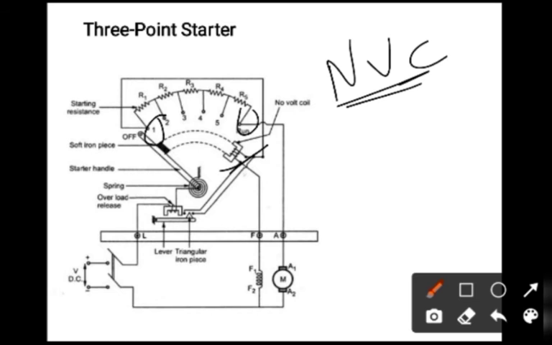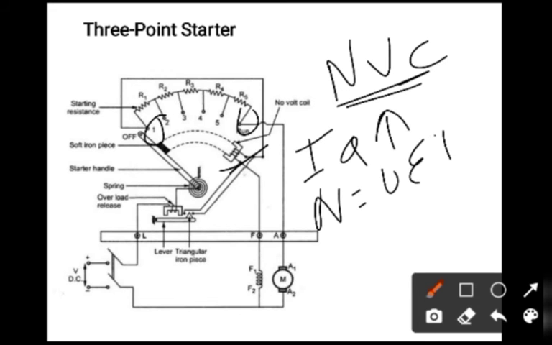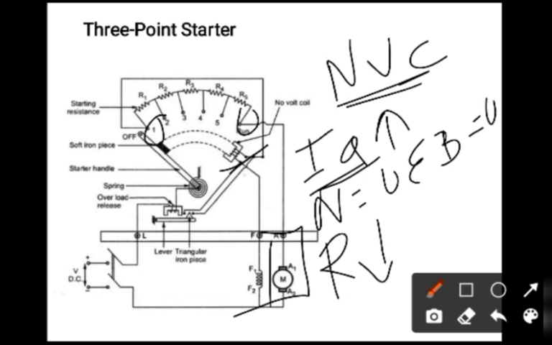Due to the absence of the NVC coil, the handle is at the final position. At the time of starting, the magnitude of armature current is high because N is 0 and EB is 0, and at the final position starting resistance is less. So there is no opposition to the armature current, and the motor will burn again due to the absence of the NVC coil. So this is the function of the NVC coil in the 3-point starter.